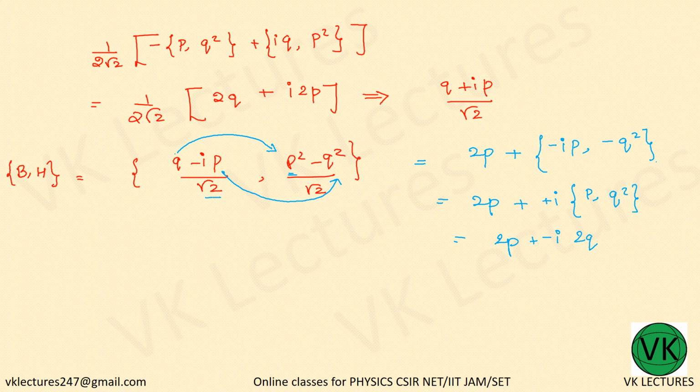So here we have 1 by root 2, and this gives us 1 by 2 root 2 into 2p minus I 2q, so 2p minus I 2q. Bringing this to the denominator, that means p minus iq by root 2, and here we have got q minus ip.